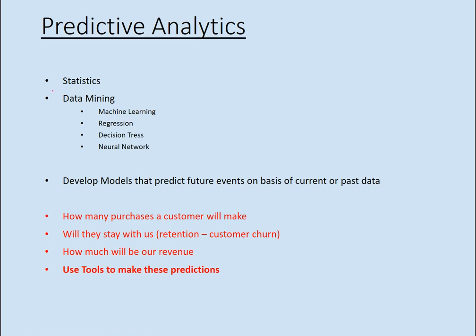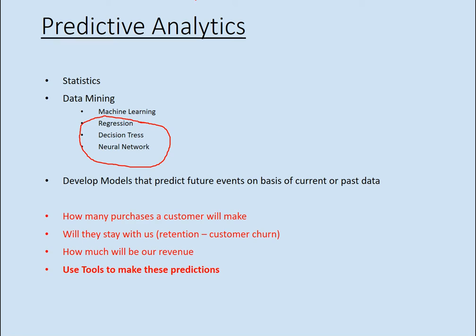Predictive analytics uses both statistics and data mining tools like machine learning, regression, decision trees, neural networks, and we will cover some of these in this course as well. The goal of predictive analytics is that you want to develop a model to predict a future impact by studying your past data.